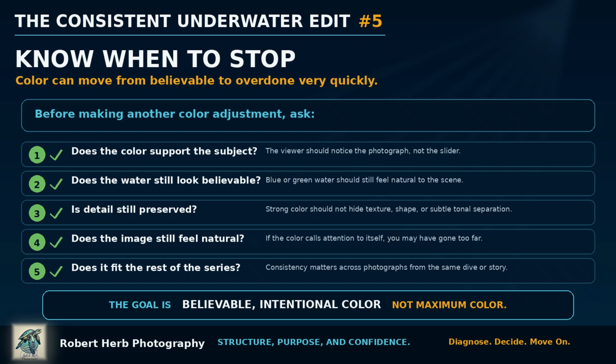And does it fit with the rest of the photographs from the same dive, trip, or story? If the answer to those questions is yes, I am probably finished with color. The goal is not maximum color. The goal is believable, intentional color that supports the photograph. Once that is working, I move on.